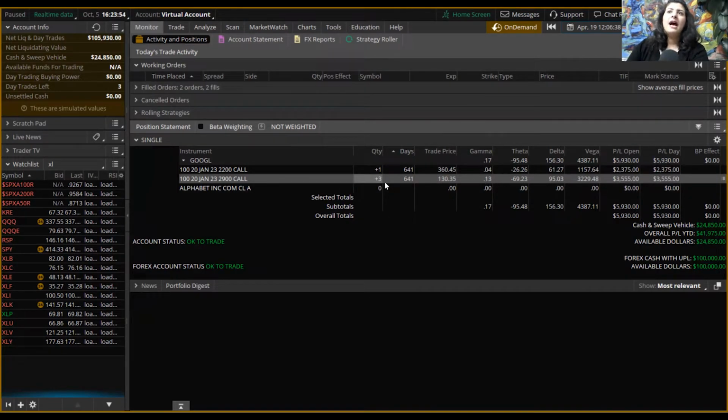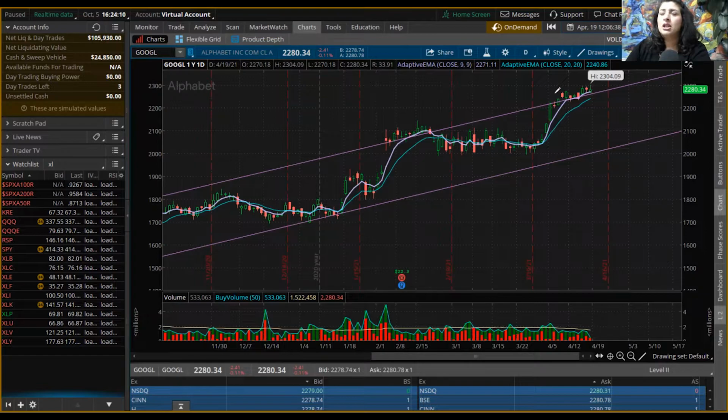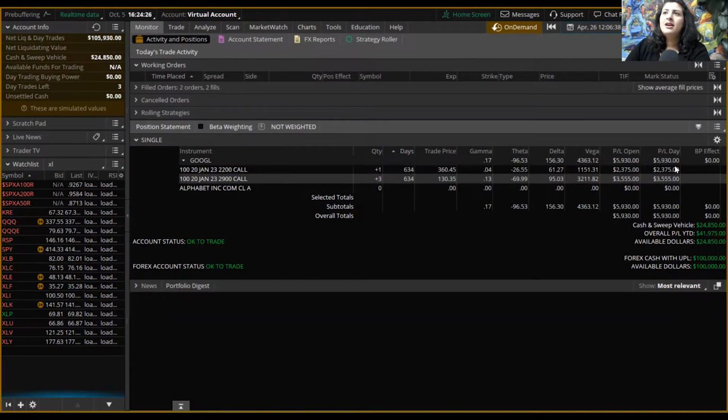So by having that out the money position, we were able to access more contracts, and prices obviously moved slightly in our direction from when we got in. And of course, Google is really a big mover. But then let's just say that we carry on in this position. Let's see. Oh, we're continuing to be bullish. Wow, we would have made good money here.